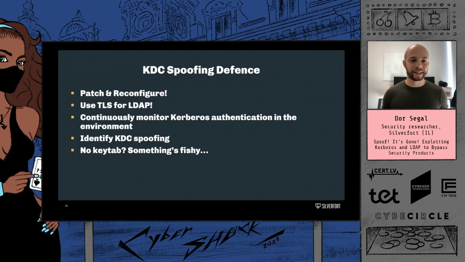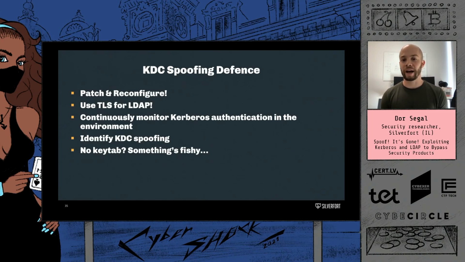So lastly, what can we do about it? First, patch and reconfigure. Make sure the configuration is full and your firewall is up to date with the latest versions. Wherever you can, use LDAPS, use TLS for LDAP.